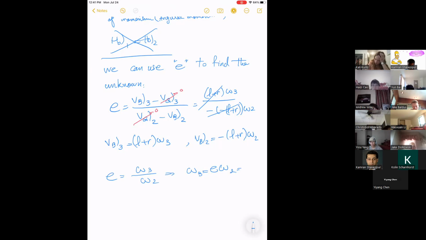So your omega 3 is going to be 4.358 radians per second. This is what happened right after the impact. Any questions so far?